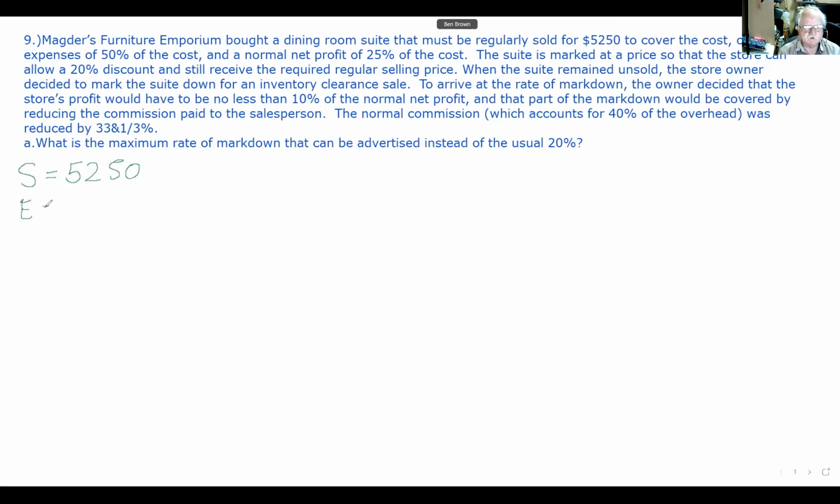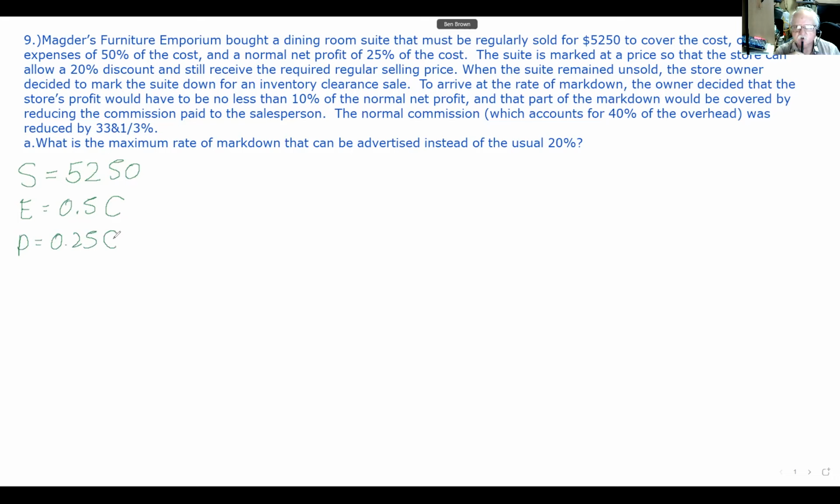So expenses are 0.5 of cost, and a normal net profit of 25% of cost. So profit equals 0.25 cost.